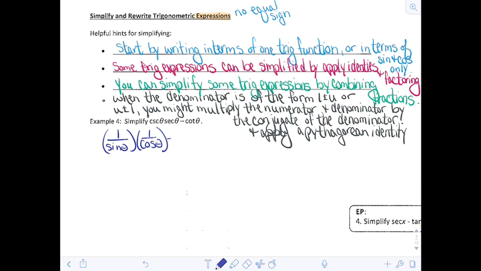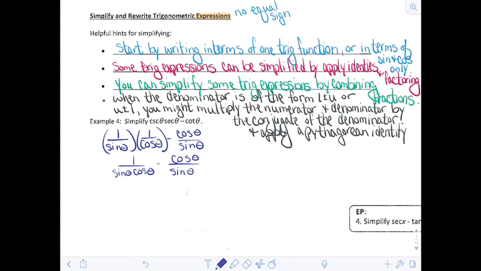And then cotangent, I know, is the same as cosine over sine. Okay, so now I've got it all in terms of sine and cosine. So now I've got to be able to work with fractions. And so I have 1 over sine theta cos theta minus cos theta over sine theta.